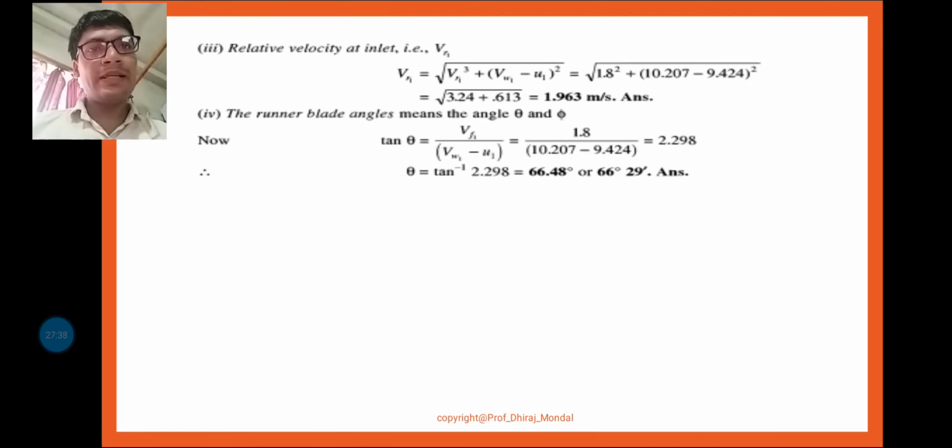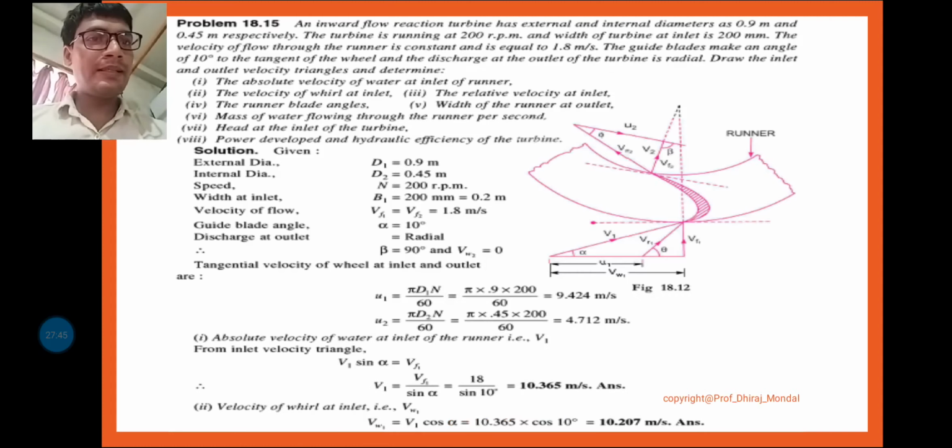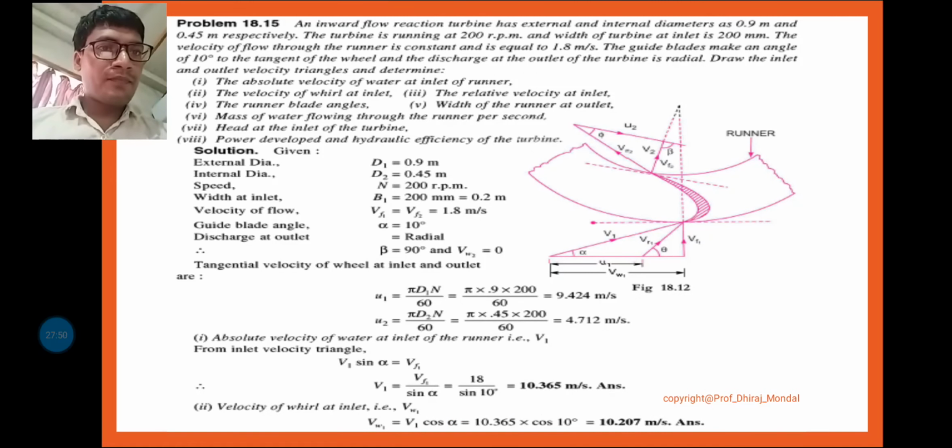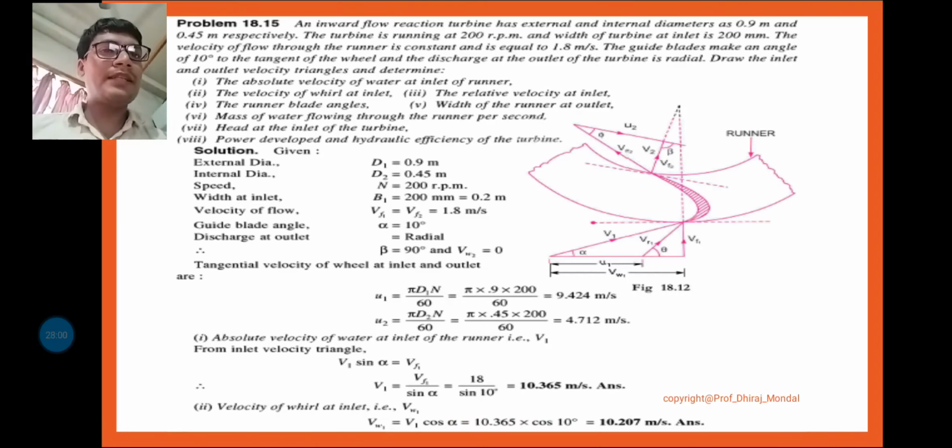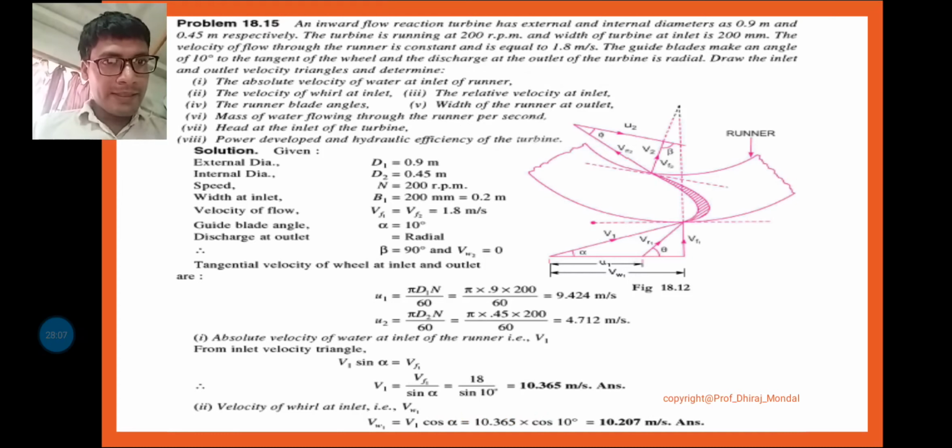Now question number 4 is the runner blade angles, that is theta and phi. How can we calculate theta and phi? Again, you can see this is your velocity triangle. Theta is the runner blade angle at inlet, and phi is the runner blade angle at outlet. Now tan theta can be written from the velocity triangle as Vf1 by (Vw1 minus U1).